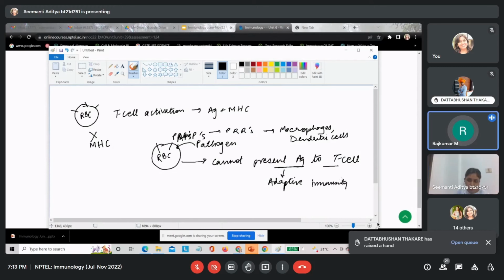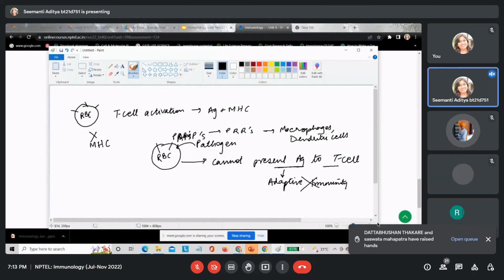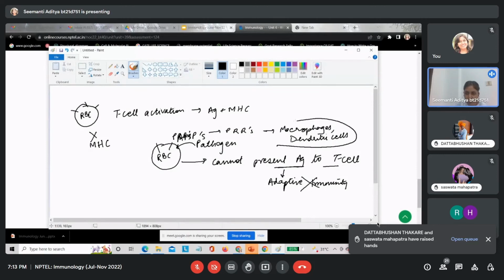So if adaptive immunity is not working, the pathogen will be removed only by innate immunity, by macrophages and dendritic cells. It will take a lot of time. So here the pathogen acts smart in attacking RBCs.